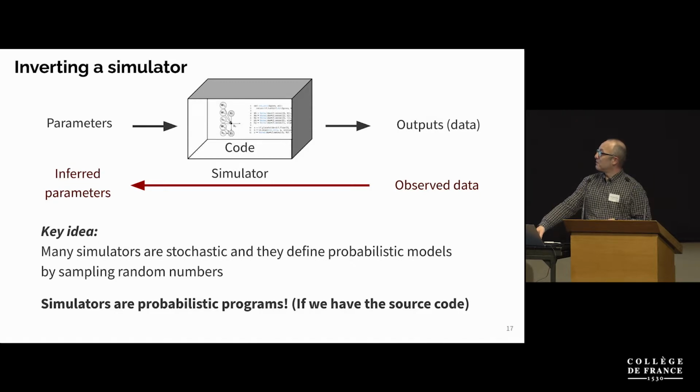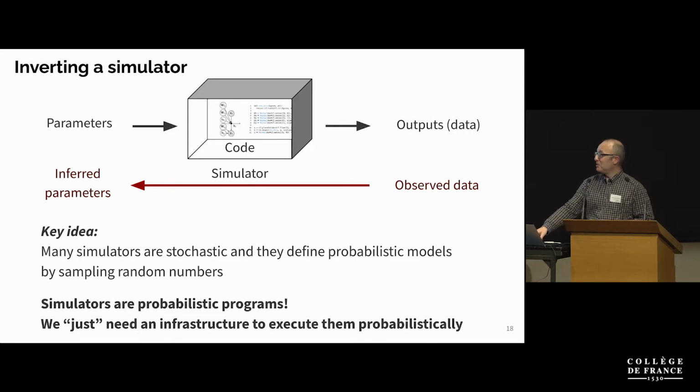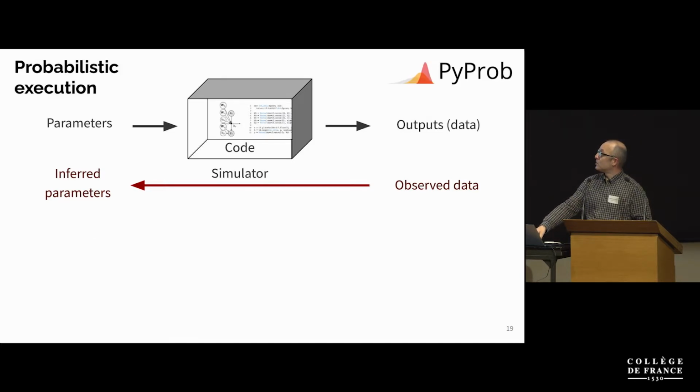So if you have access to the source code of the simulator, you can say that the stochastic simulator is a probabilistic program. You need a bit of extra work and some sort of infrastructure to actually execute an existing simulator as a probabilistic program. So we have a prototype system called PyProb.